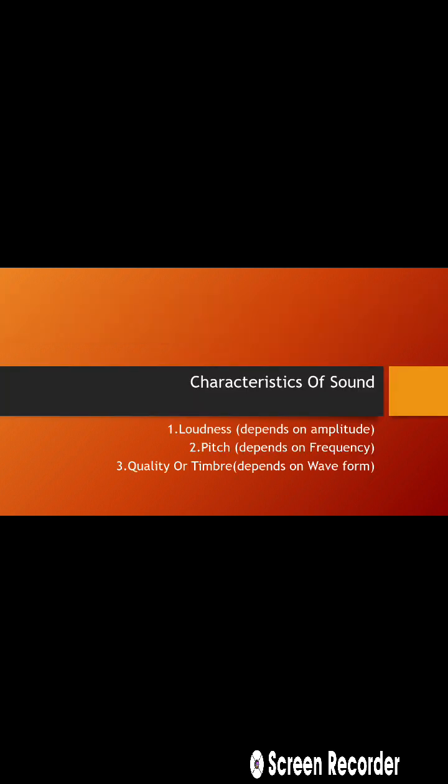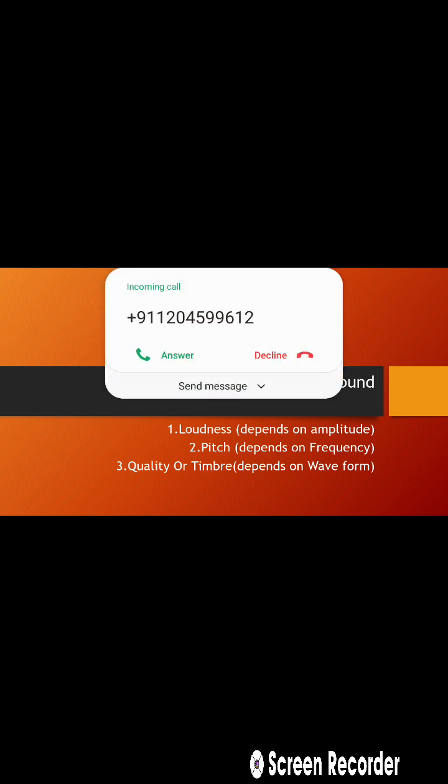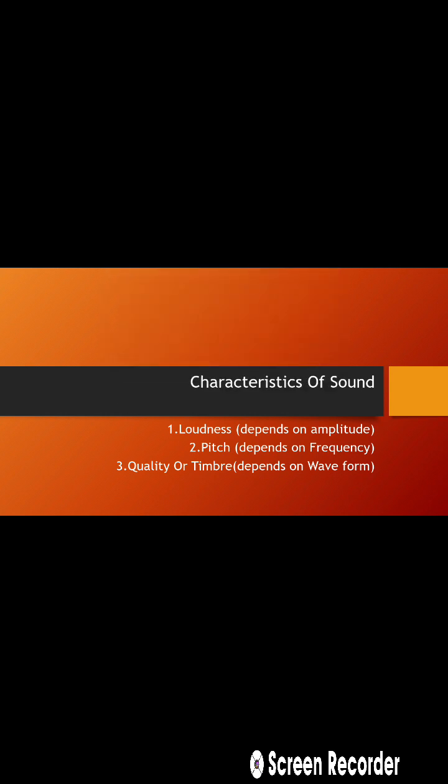Now this is the last slide, characteristics of sound. I will not give this explanation today because it is not available at my home. Next class I will prepare the PPT and send it, and tell you the characteristics of sound and the factors they depend on.